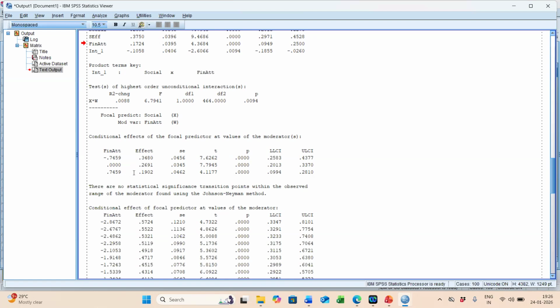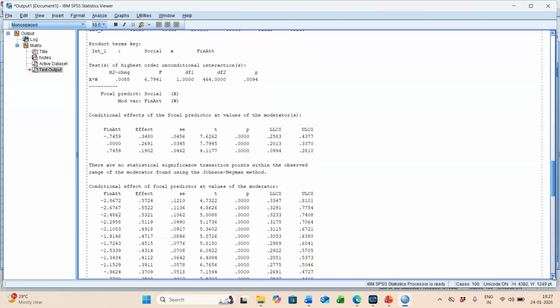Look at the effect: 0.3480, then 0.2691 and 0.1902. Here also the effect is going down, and at all three levels the effect is significant. Attitude is moderating significantly.